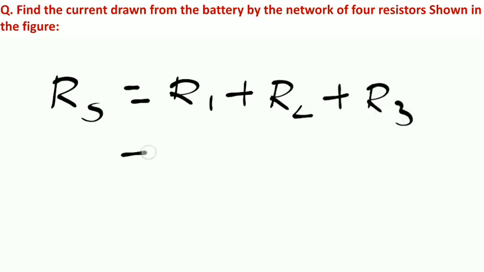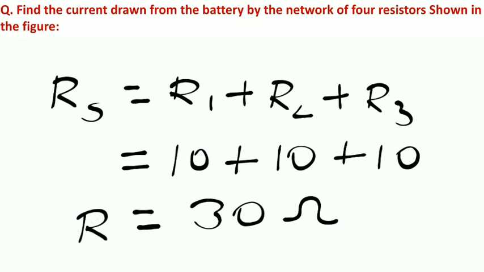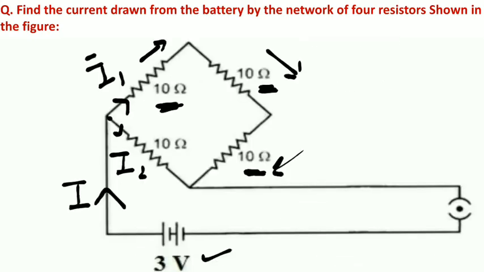Put their values, which is 10 ohm, 10 ohm and 10 ohm. Let's add them up, then we will get 30 ohm. This is the value of these resistors which are connected in series.